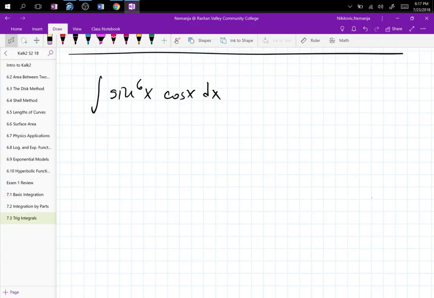The pair between sine and cosine. As soon as you have a pair, that screams what? U sub. Because the derivative of cosine is sine, and the derivative of sine is cosine. Yeah, there's a minus sign floating around, but we don't care. So this is clearly u sub, because the function and its derivative are present. So u equals sine x, du equals cosine x dx.